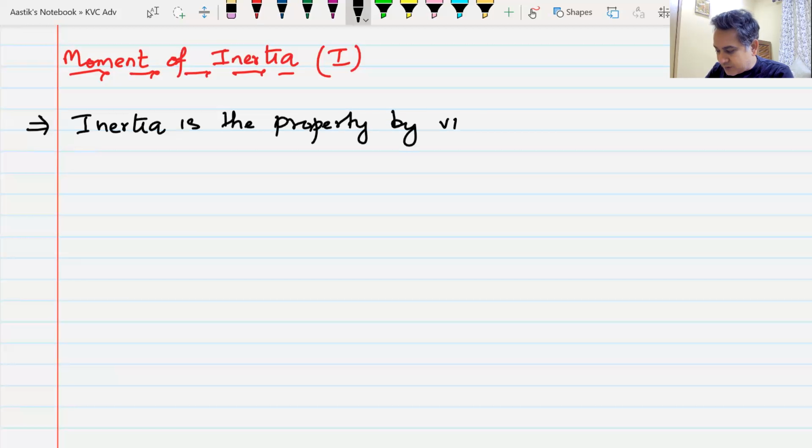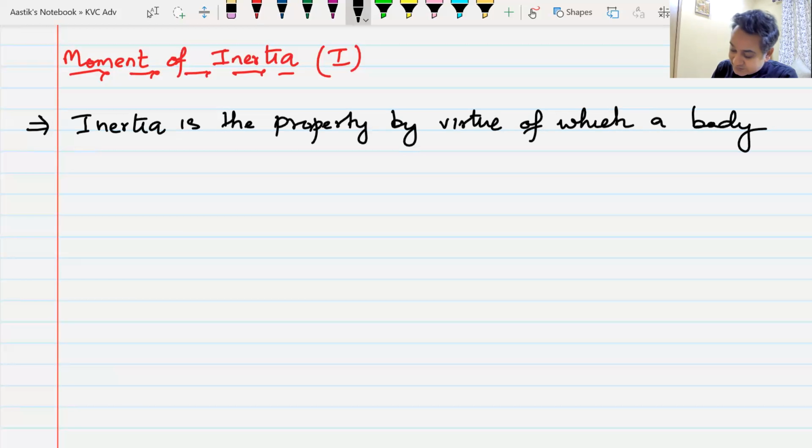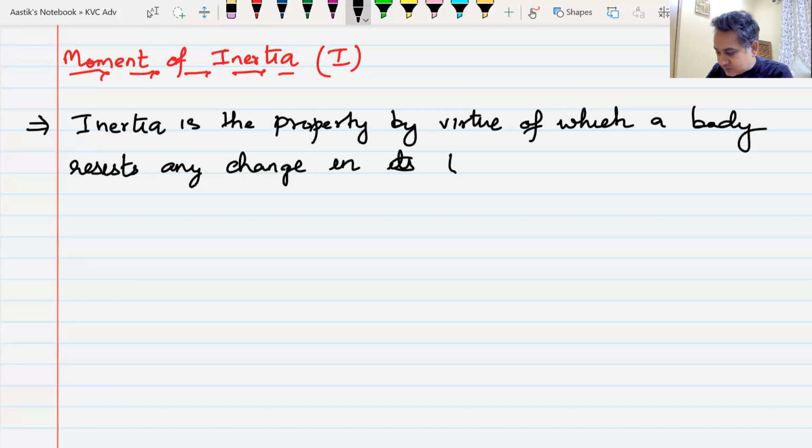by virtue of which a body resists any change in its translational motion.